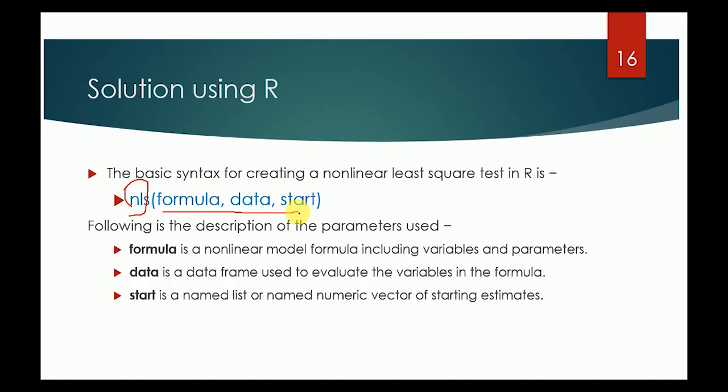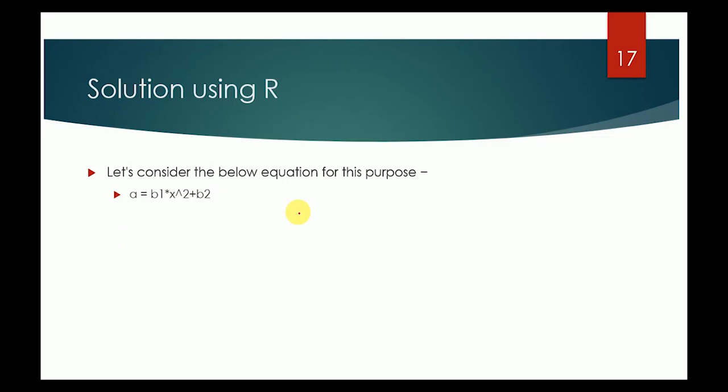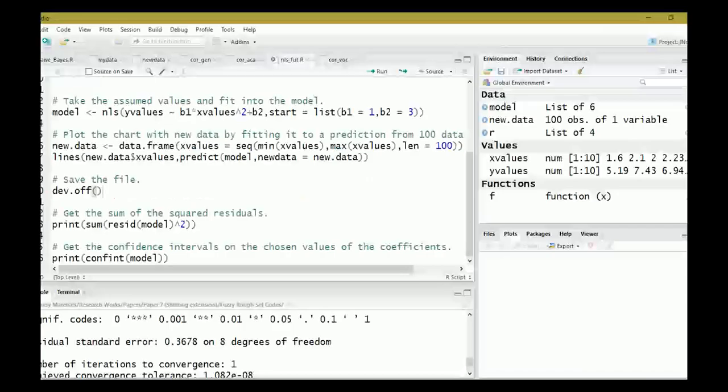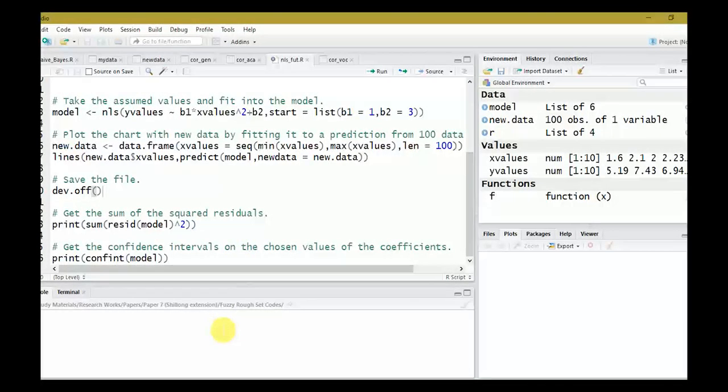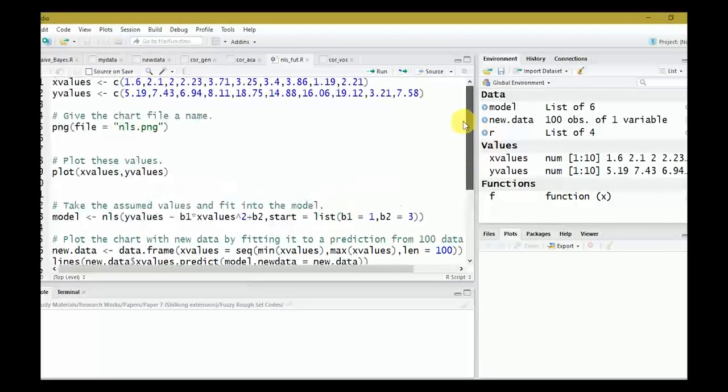Let's consider the following equation: y is equal to b1 x square plus b2, and we will solve this for nonlinear fitting. Here I have taken the equation in R, where I have taken x values and y values into vectors.